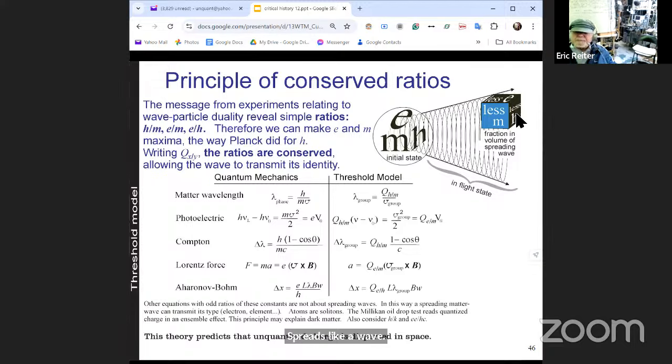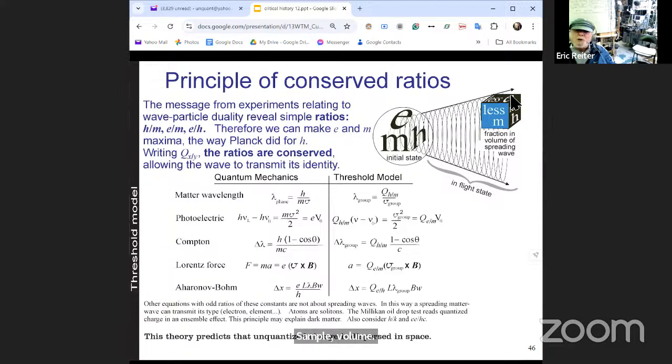But I'm saying take a cubic volume of that matter wave and see what charge, mass, and action is in it, and say, oh, there's less charge. It started with a full e, but it's only a small amount of the e's and m's and a's in some sample volume in space in the charge wave.